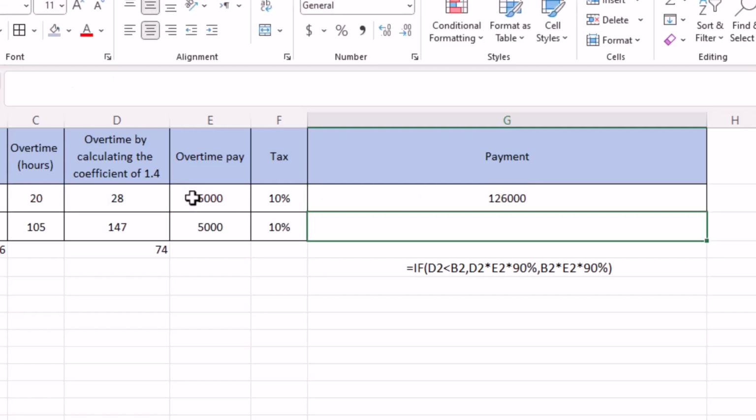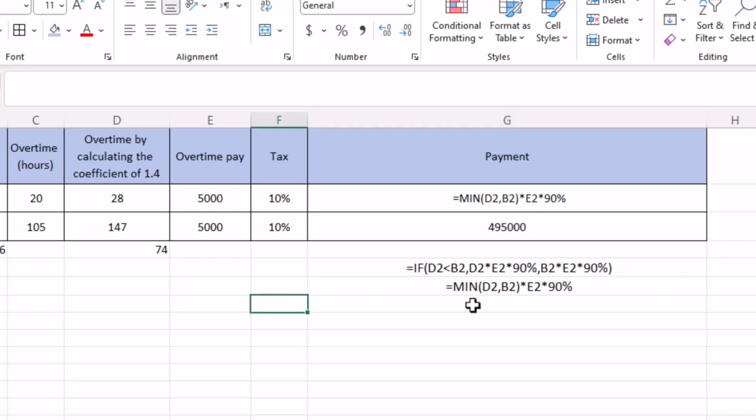And press enter. Now you will see which shows us the correct answer. We can solve this example both with the IF function and without IF. The only thing is that you should think about the question and find the best solution. In this course, we have tried to go deeply into all the issues and solve the issues with different solutions.